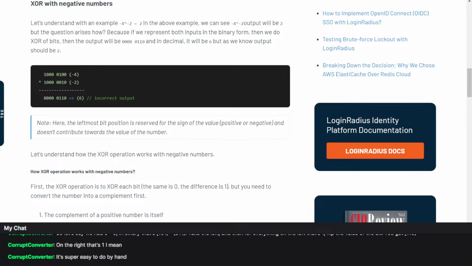Corrupt Converter says it's super easy to do by hand. Take the left and then for everything on the left that's 1... But, like, why? Corrupt Converter says given you know the binary form of the number.